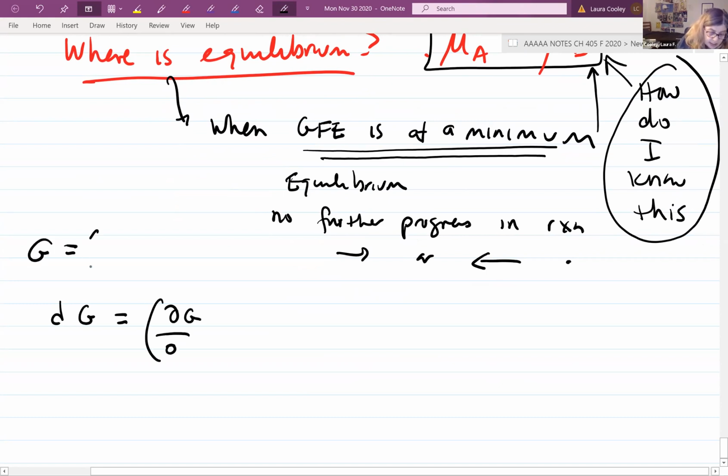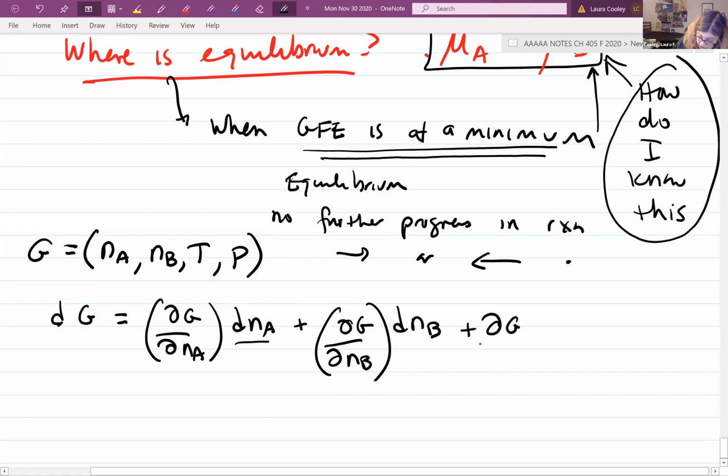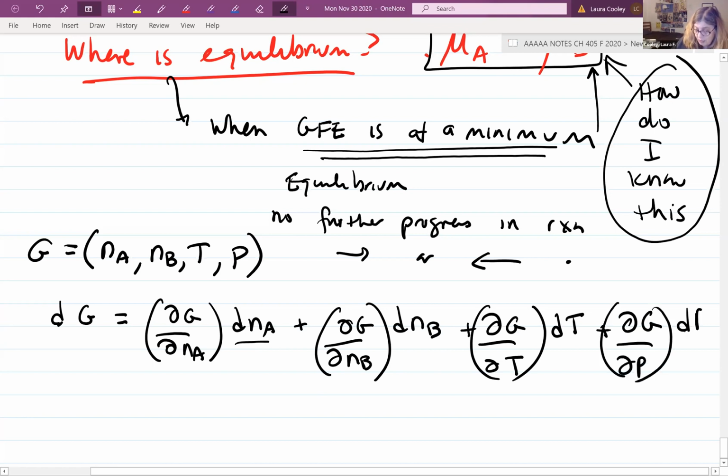If the Gibbs free energy is a function of the moles of A, the moles of B, and the temperature and the pressure, then dG is dG/dNA, the change in Gibbs free energy with respect to moles of A, times the change in moles of A, plus dG/dNB times the change in moles of B, plus dG/dT times the change in temperature, plus dG/dP times the change in pressure.